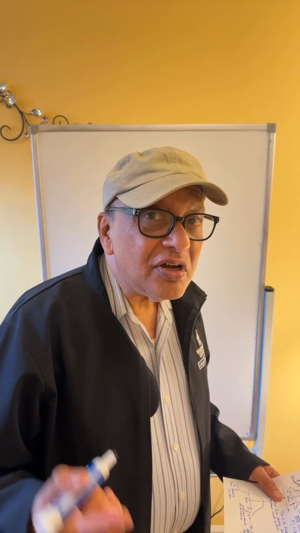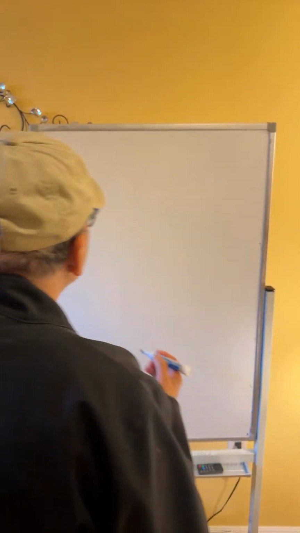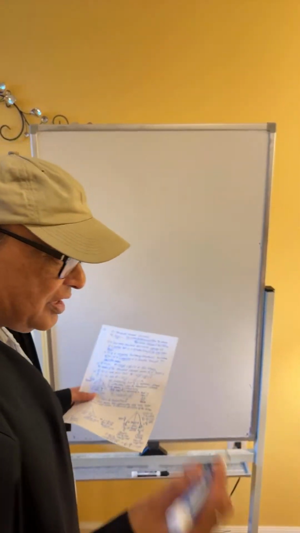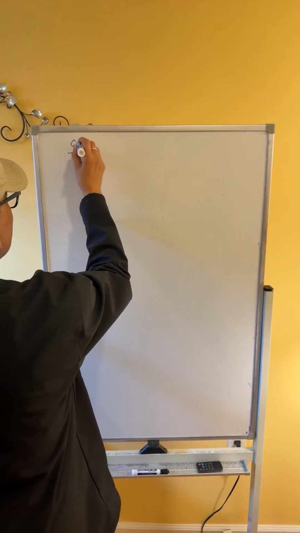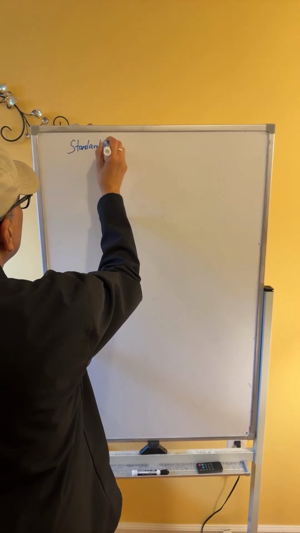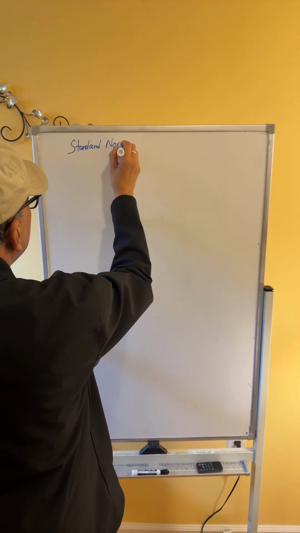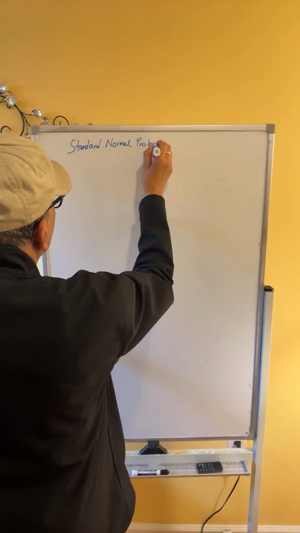Today we are going to talk about the standard normal distribution. It's a topic of importance in statistics. Standard normal probability distribution, that's what we are going to discuss today.